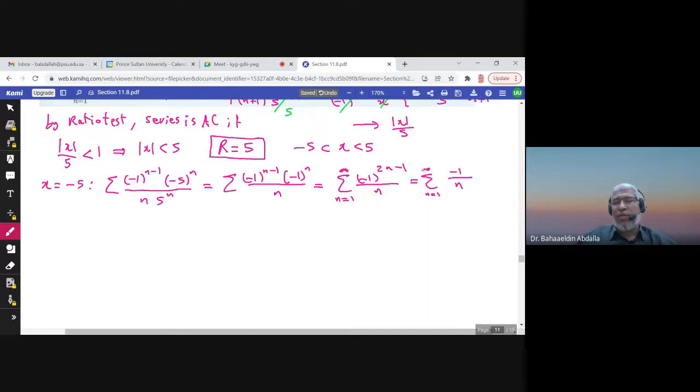Now this series, you can say it's a multiple of the divergent harmonic series. So it is divergent.